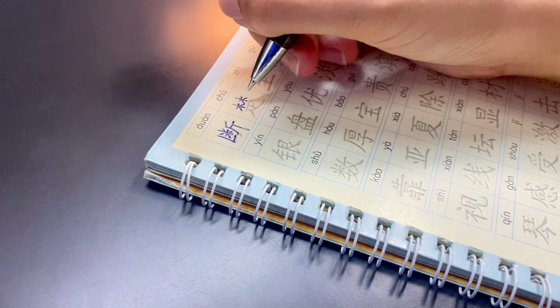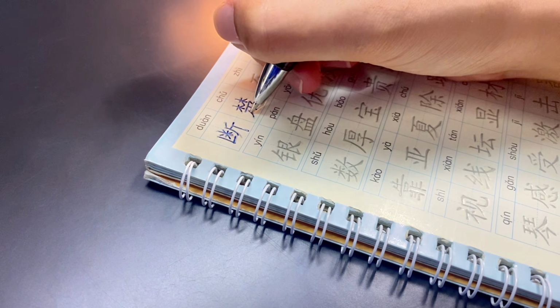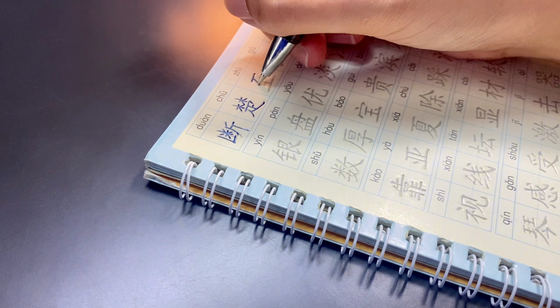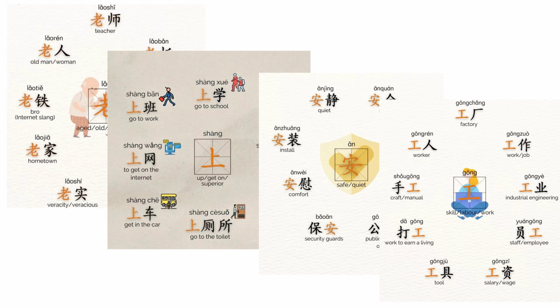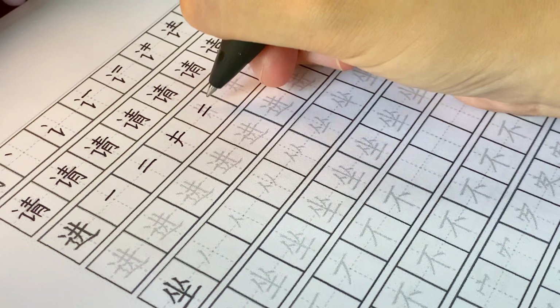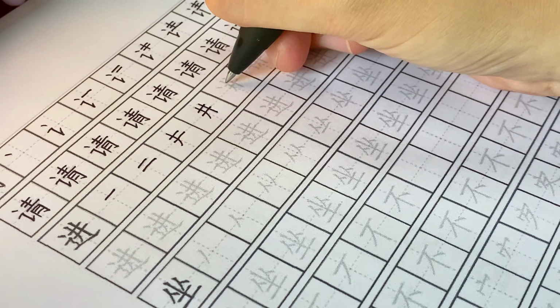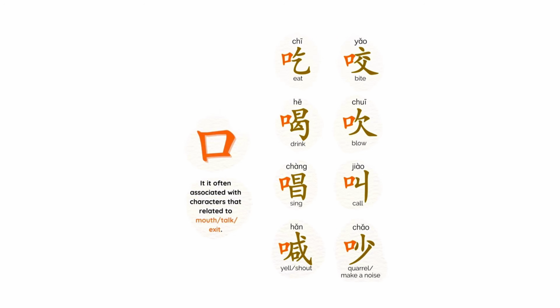Once you know some radicals, stop studying characters in random vocabulary lists. Start grouping them by family, by shared components. Instead of studying lesson 5 vocabulary, study all the characters with kou, mouth together. Chi, he, chang. It's about an action you do with your mouth. They share a story that makes them easier to hold in memory.